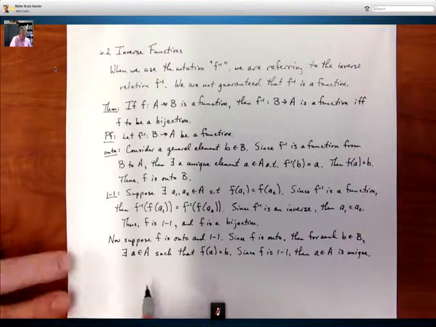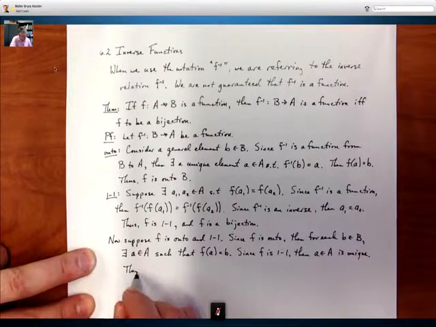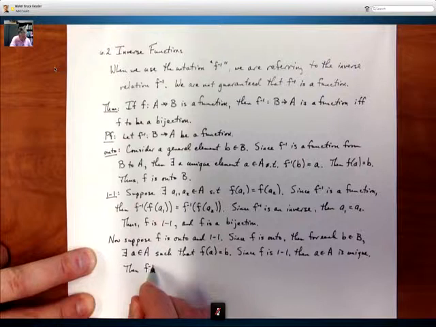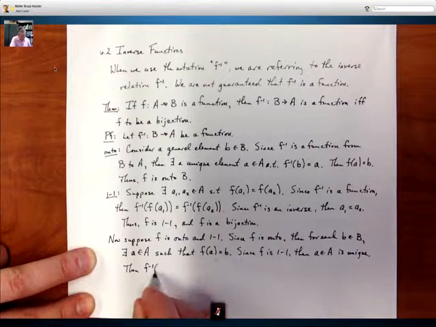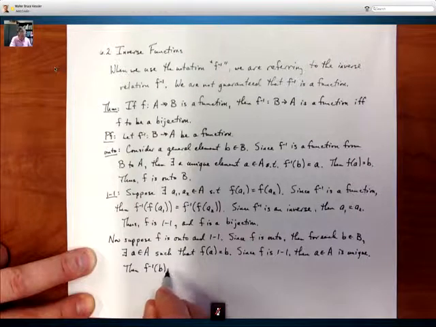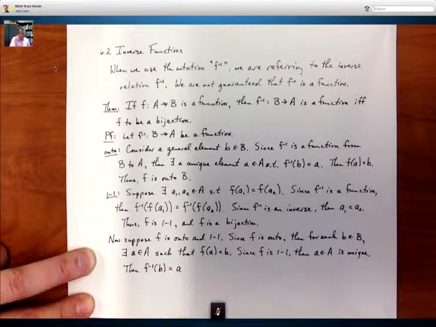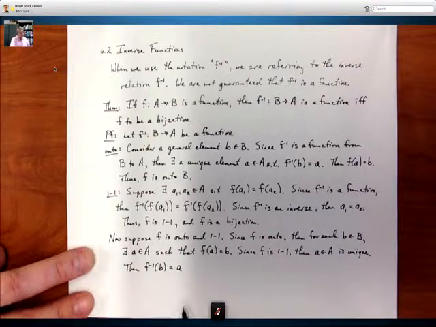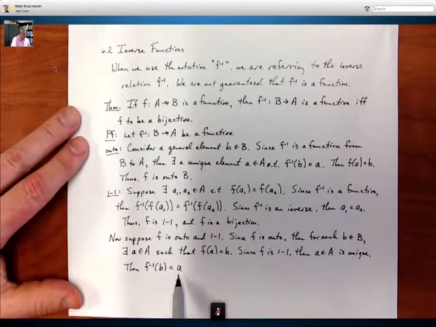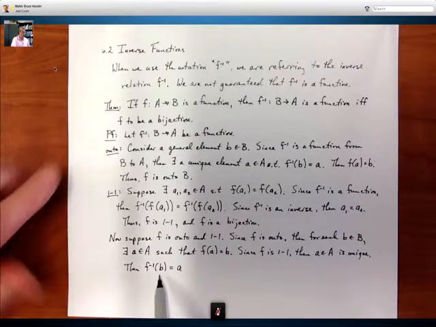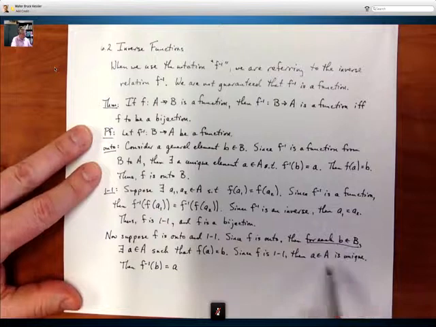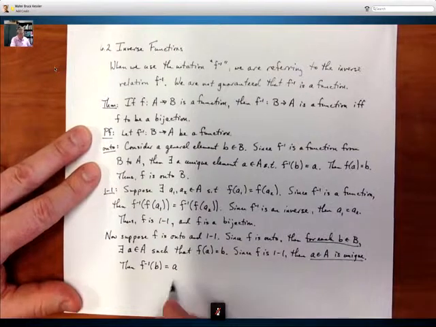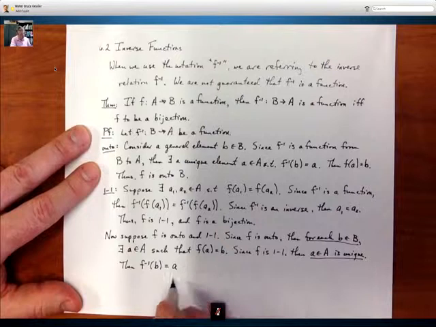So that means if I look at the inverse, I've got the ordered pair (a, b) with F. This would have the ordered pair (b, a). Okay? And that a being unique is important, right? The fact I can do it for each b is important, and the fact that a is unique is important.